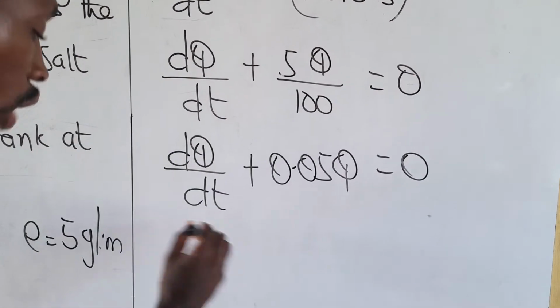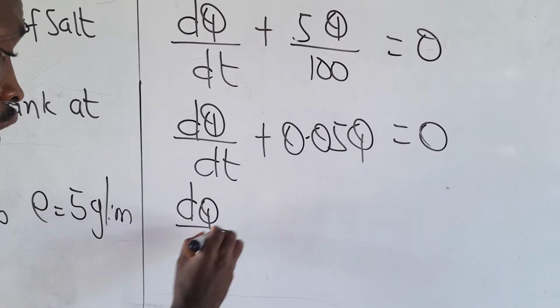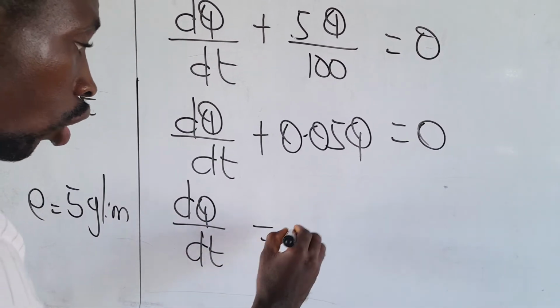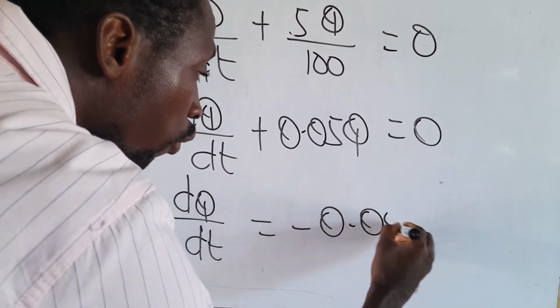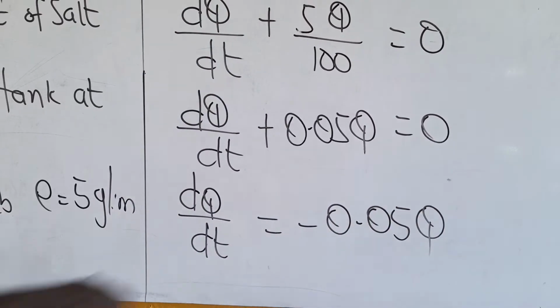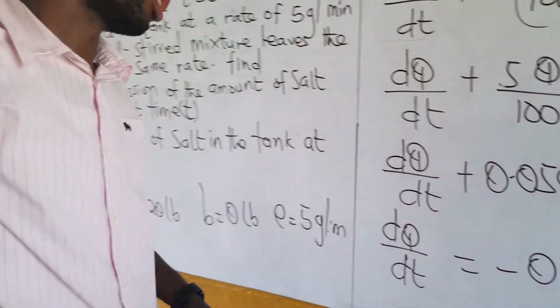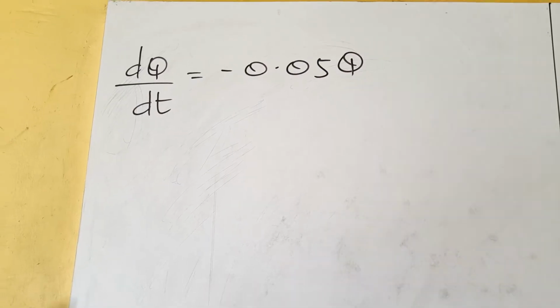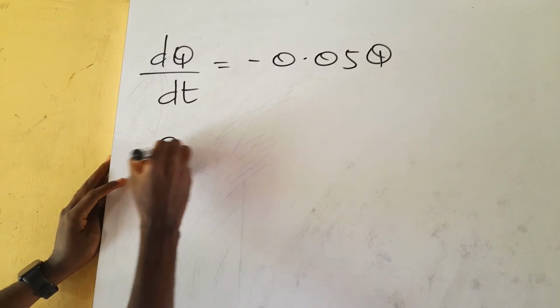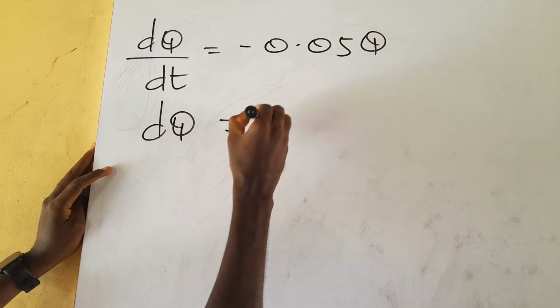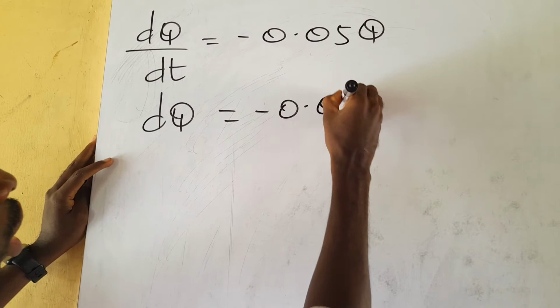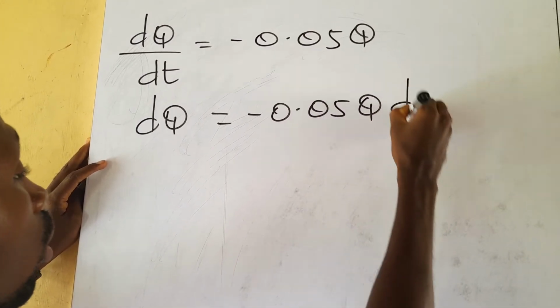We can send this one here. So our dQ over dt is equal to negative 0.05Q. So we can easily separate this. So this will be a separable differential equation. So we multiply both sides by dt. You get dQ is equal to negative 0.05Q dt.